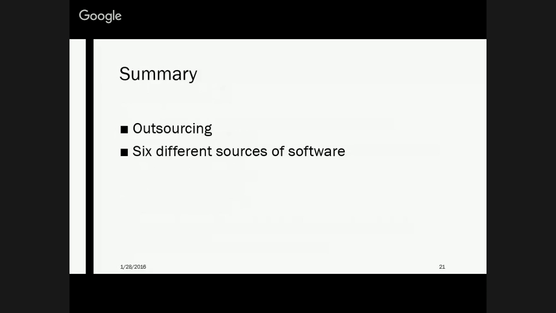Cloud, open source. What one did I miss? In-house. That was the one I missed. We talked about the evaluation of off-the-shelf software and reuse. Done. So next week we'll go into chapter 3.